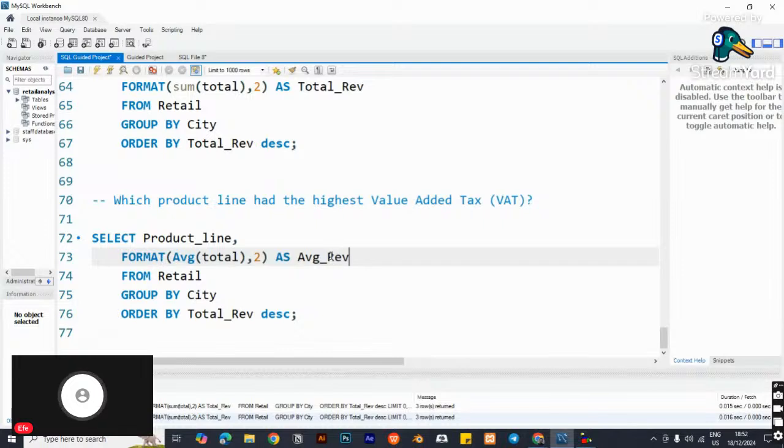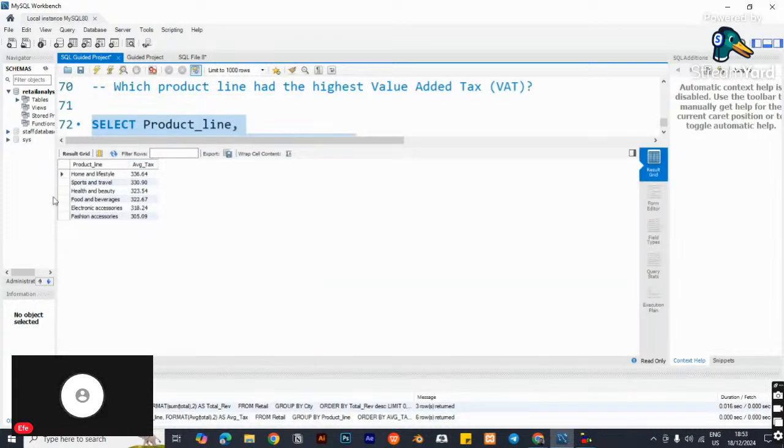If you are into business, of course, you'll be taxed on it. Group by, so we'll group this by product line, right? Order by average tax, right?